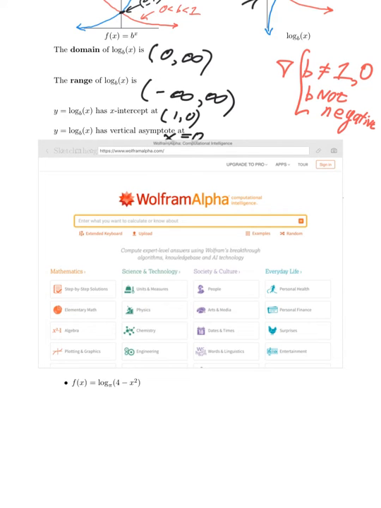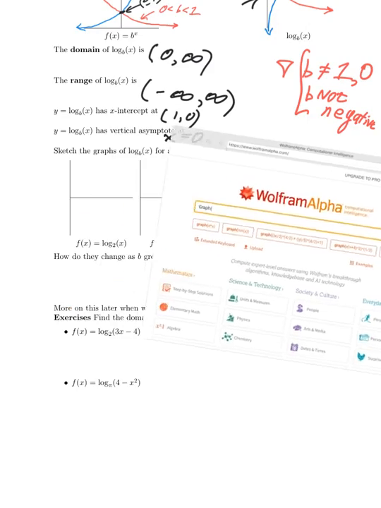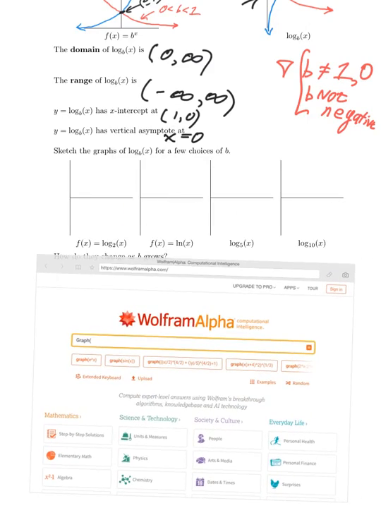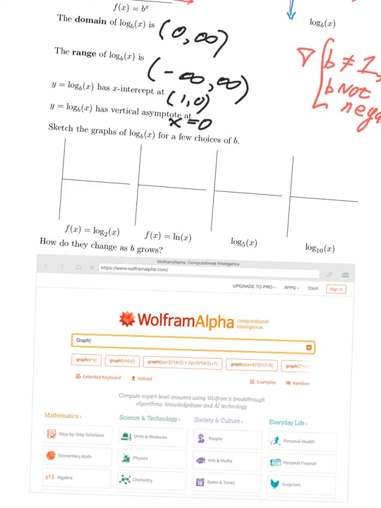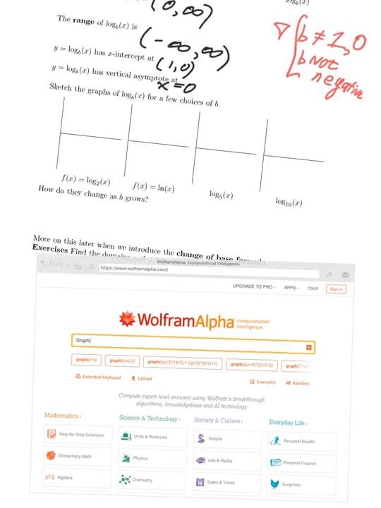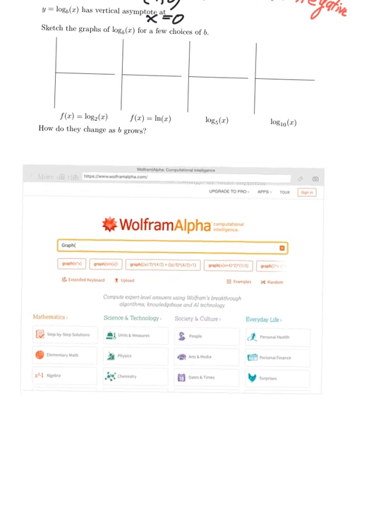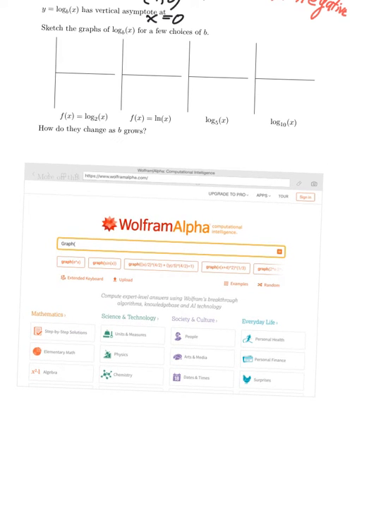Let's graph. All right, so there are the things I want to graph.